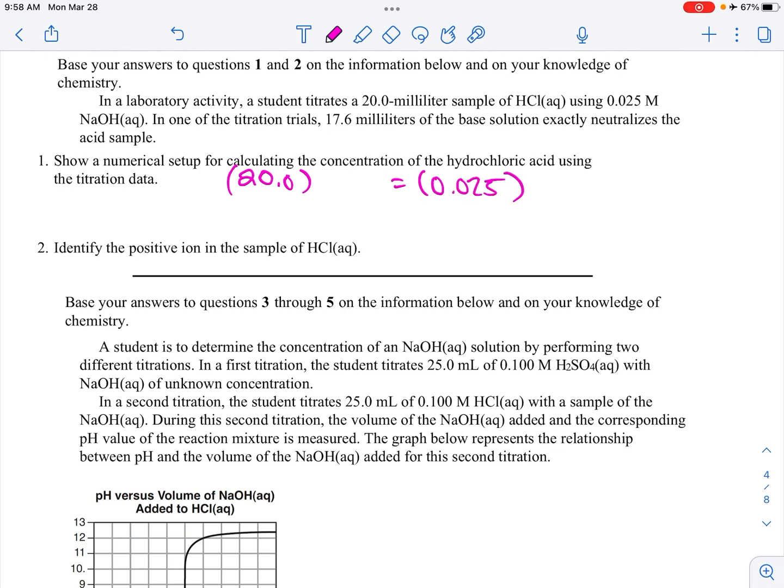In one of the trials, 17.6 milliliters of the base solution exactly neutralizes. So you can call it X if you want. Doesn't matter. And you don't need to solve it. Identify the positive ion in the sample of HCl. So this is an acid, so you can say H+, you can say H3O+, you can say hydronium. You can't say hydrogen.